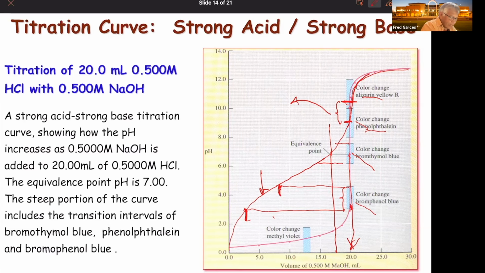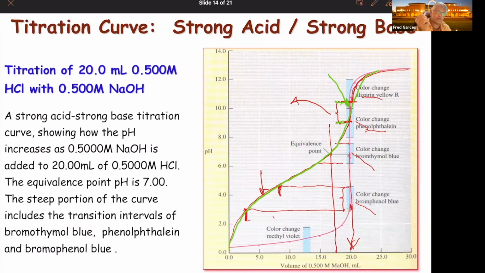So an indicator that would change color right here would be the ideal indicator for this acid that I have right here, if you're doing the titration. Okay, because the inflection point is right here, so you want an indicator that changes color right around there, right where I showed you in green. That's one of the arts in picking chemical indicators.